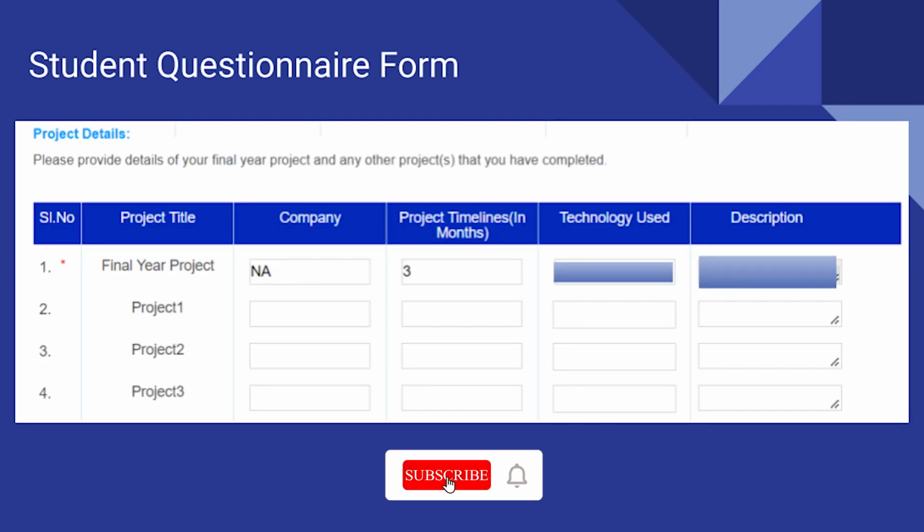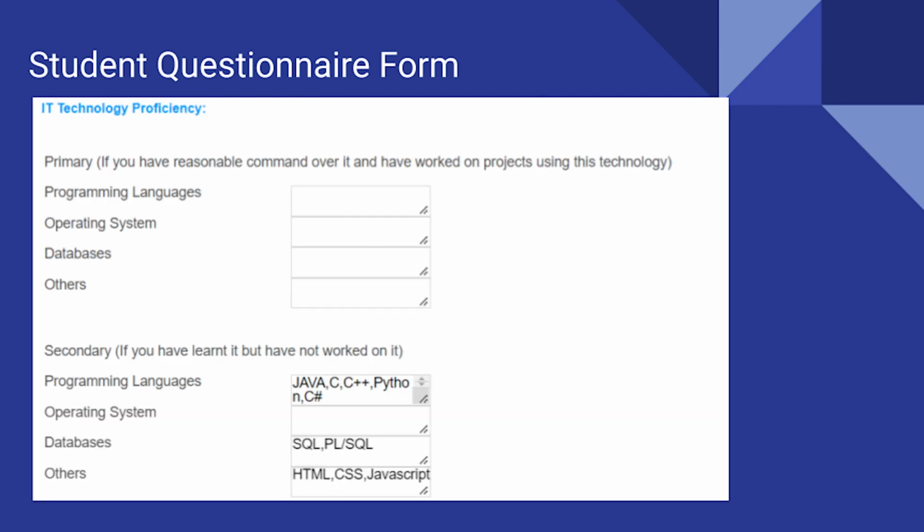Then they will ask about the project that you have gone through in your course, and you have to give at least one project that you have done in your final year. Then they will ask about your skills, like what skill you have in programming languages, operating systems and databases, and if you have any other skill also, you will get a chance to enter it.